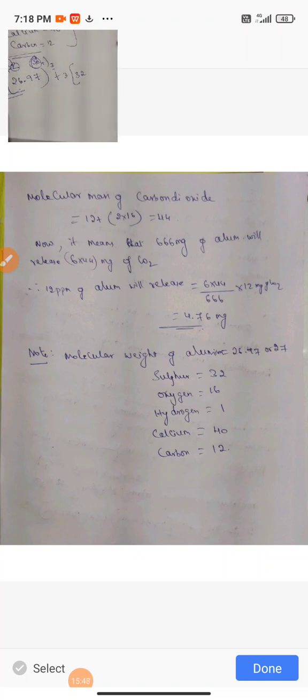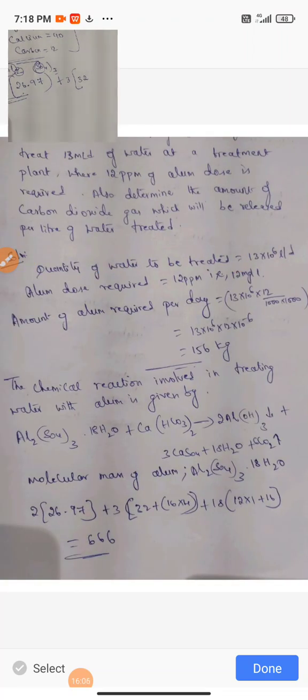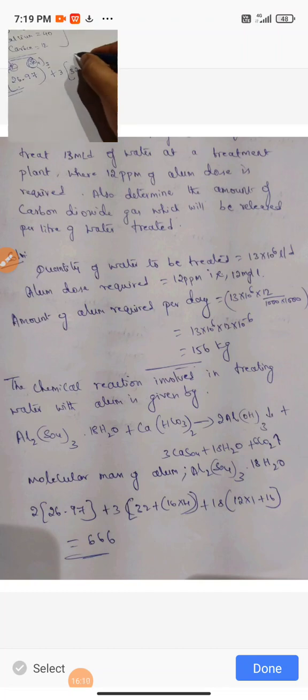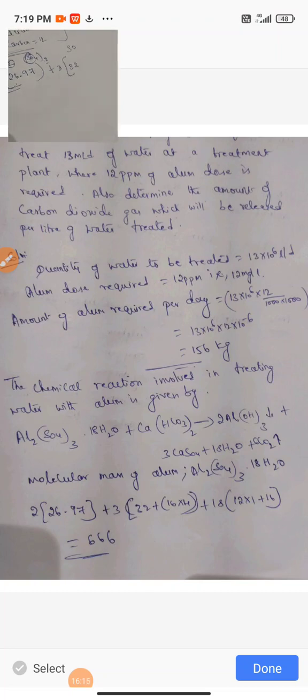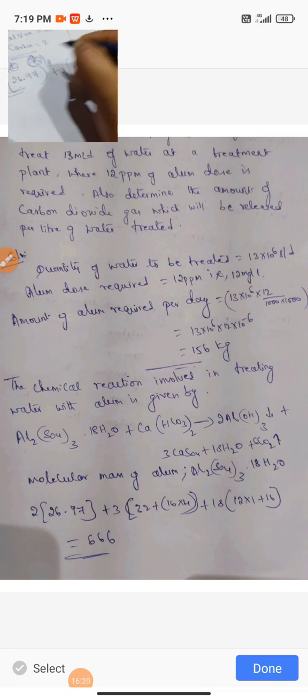Look here, the molecular weight of each component is given. For aluminium it is 27. For sulfur it is 32. For oxygen it is 16. For hydrogen it is 1. For calcium it is 40. And for carbon it is 12. So now we are using those molecular weights. 32 is the sulfur, that is the S. Then O, that is the oxygen, multiplied with 4.